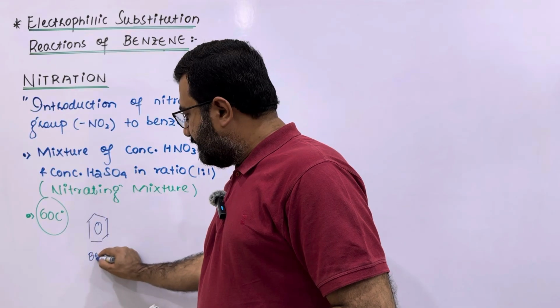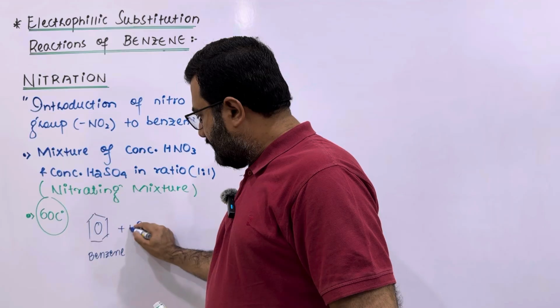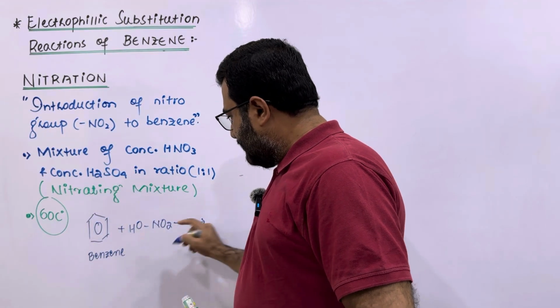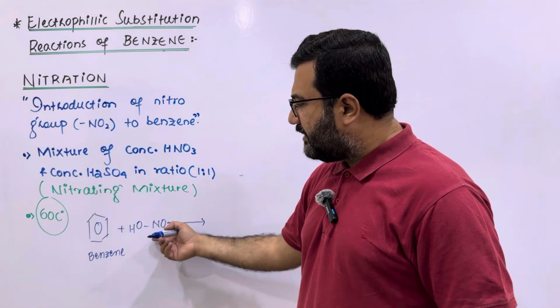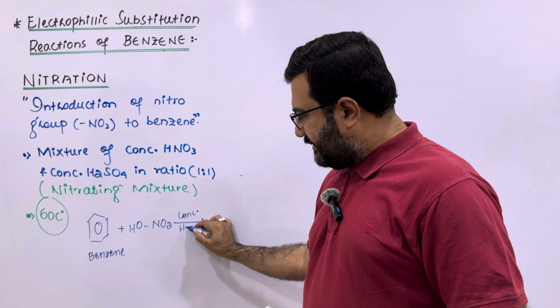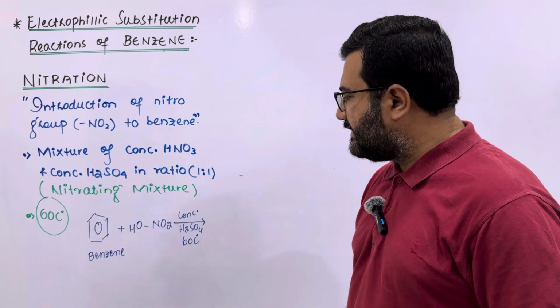This one is benzene. Nitric acid can also be written as this OH and NO2. It will become HNO3 in the presence of concentrated H2SO4 and 60 degrees Celsius.